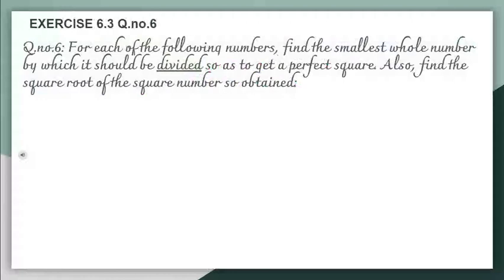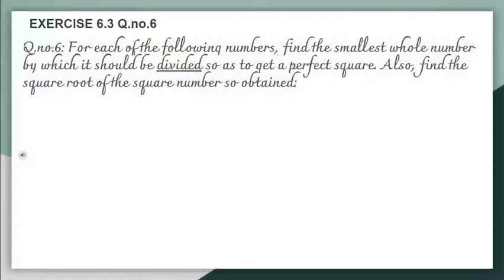In question number 5, we already did the smallest number by which it should be multiplied so as to get a perfect square, isn't it? But here instead of multiplication, we are doing division. The same way only. In question number 5, the number which is not having a pair, that number we multiplied with the given number.